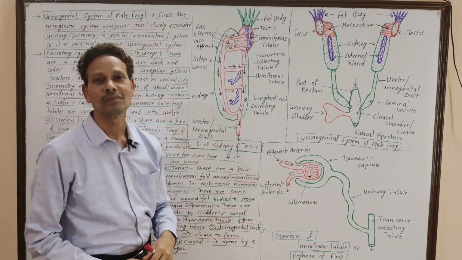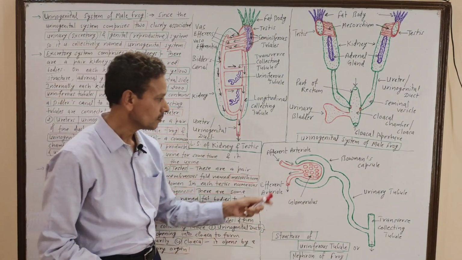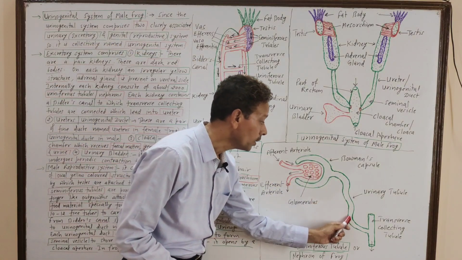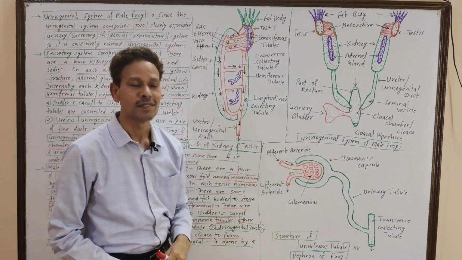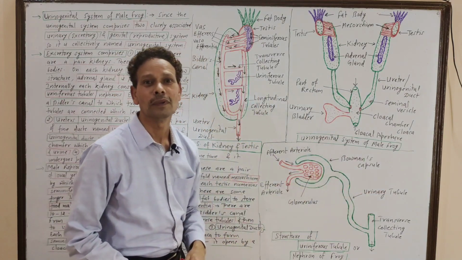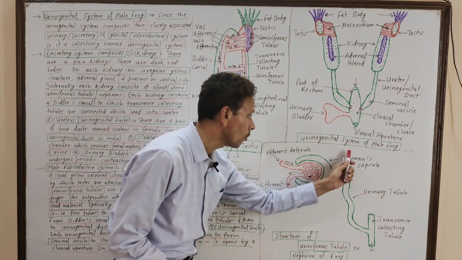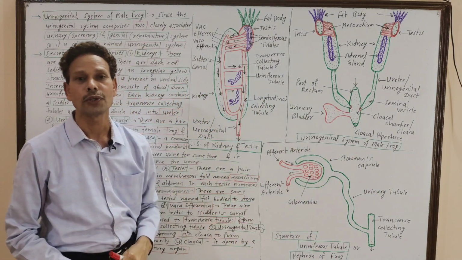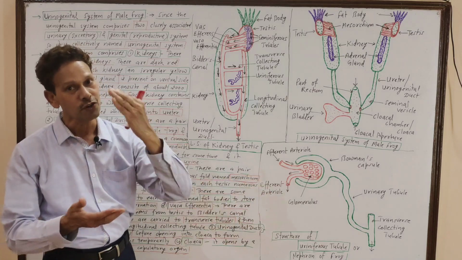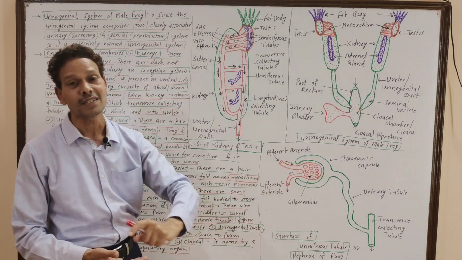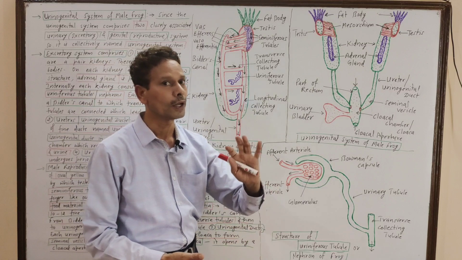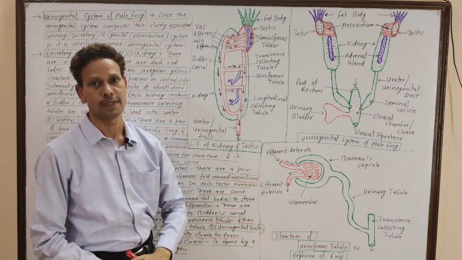It drains the Bowman's capsule, and this elongated coiled tubular structure is the urinary tubule. Both the urinary tubule and this cup-shaped Bowman's capsule collectively constitute a structural and functional unit of each kidney, and these are nephrons or uriniferous tubules.